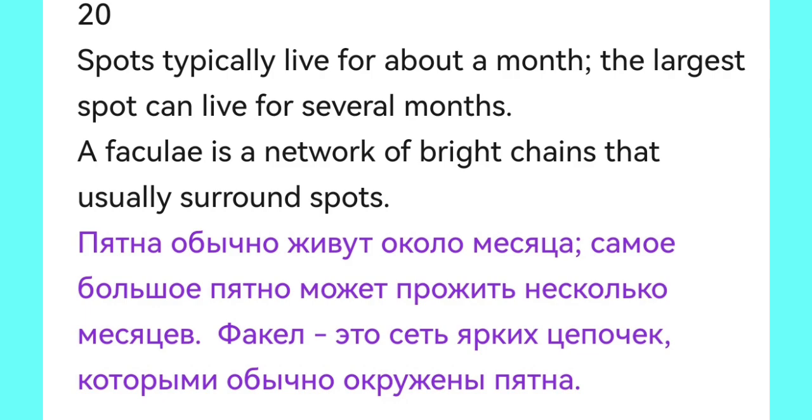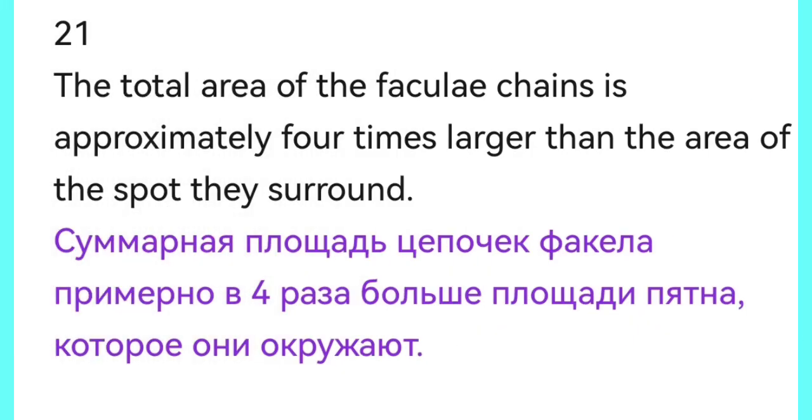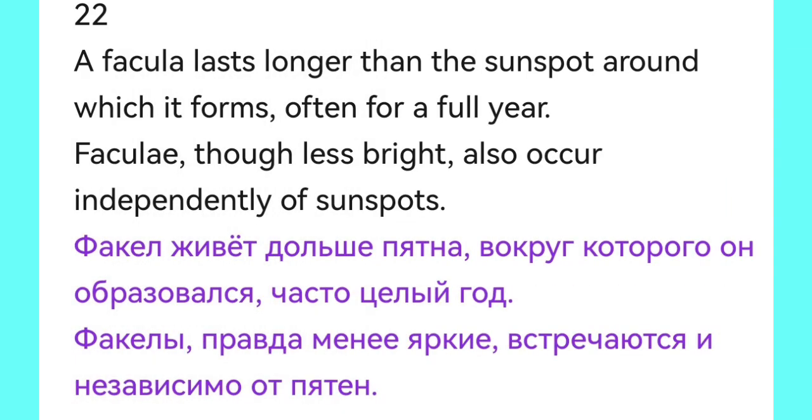A facula is a network of bright chains that usually surround spots. The total area of the faculae chains is approximately 4 times larger than the area of the spot they surround. A facula lasts longer than the sunspot around which it forms, often for a full year. Faculae, though less bright, also occur independently of sunspots.